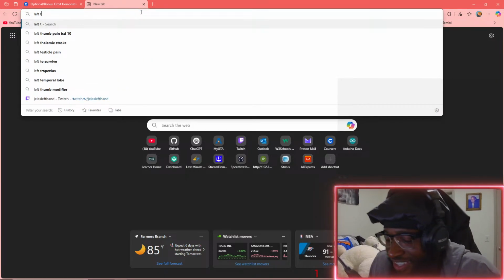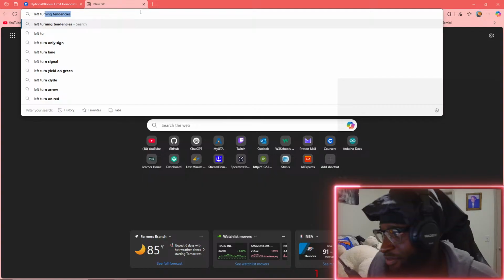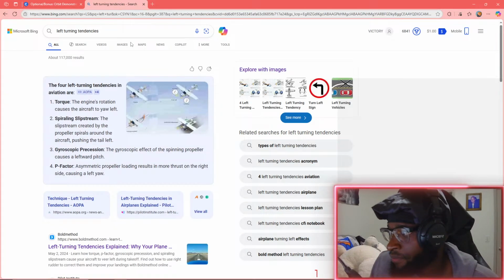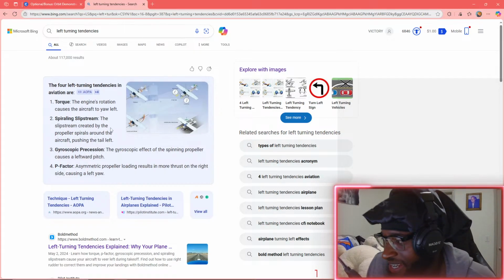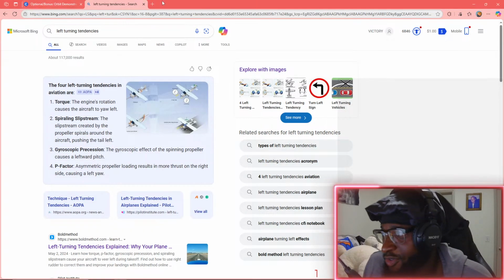Left turning tendencies: P factor, gyroscopic precession, torque effect, and spiraling slipstream, which is just drag from the wing tip vortices, I think. There you go. You need to know those when you start flying.